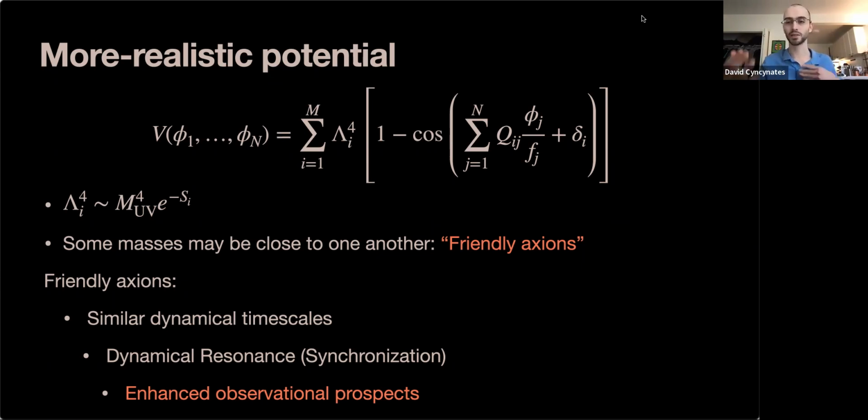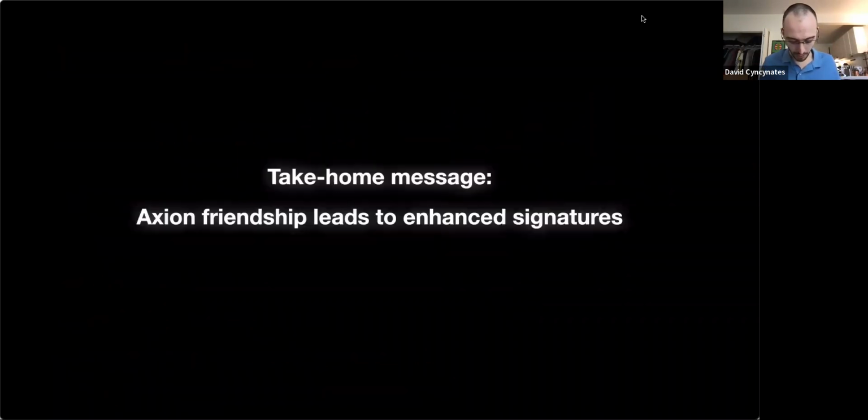This means that their timescales can dynamically shift towards one another because of the nonlinearities in the potential. And when you have dynamical resonance, this leads to efficient energy transfer between the axions and thus enhanced observational prospects. That's really the key takeaway from this talk: the assumption that axions evolve independently breaks down when you have friendship, and this leads to enhanced signatures.